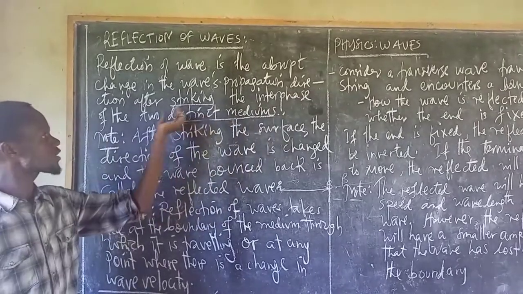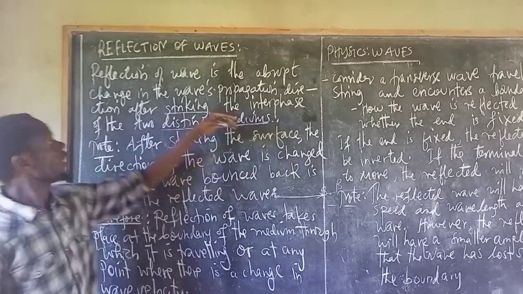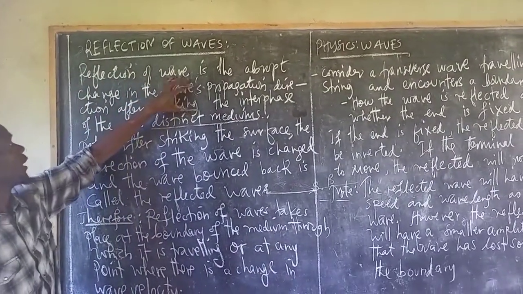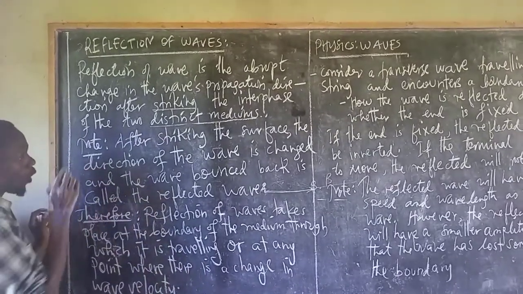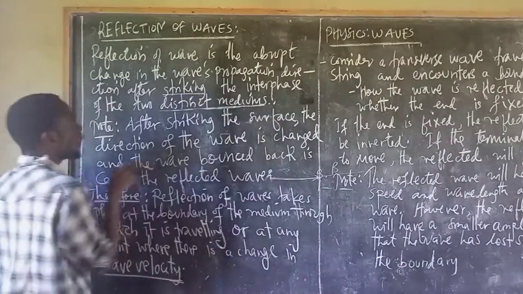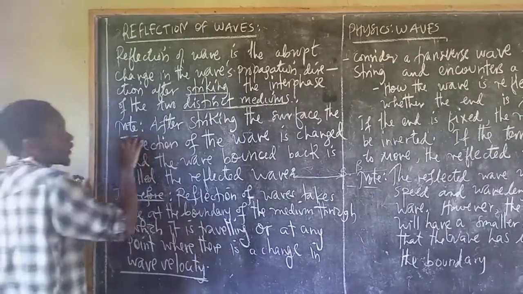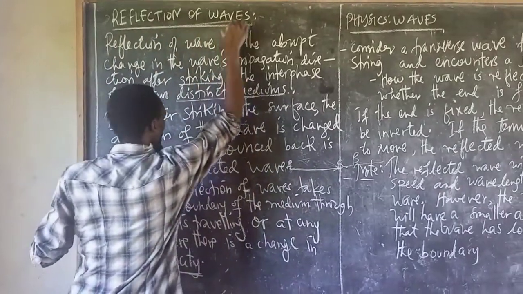Now, when it strikes the interface of the two different mediums, refraction of the wave happens only if there are two different mediums. If the wave is traveling through two different mediums, we expect refraction of waves.